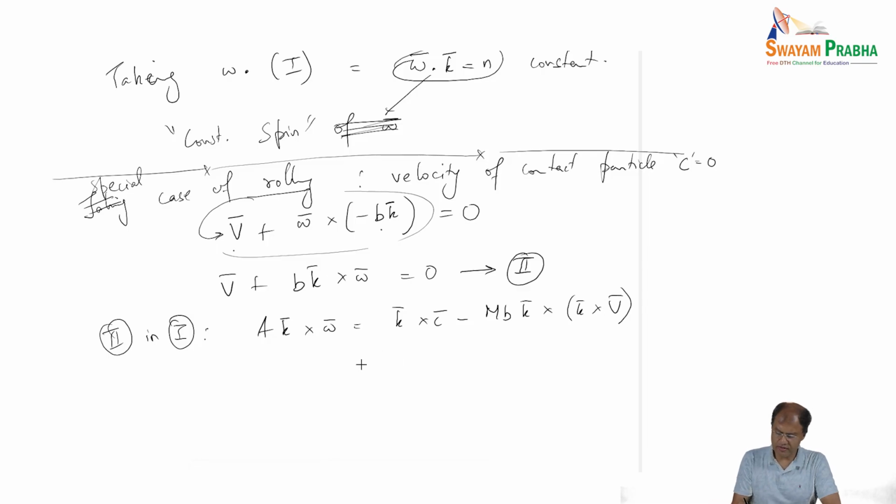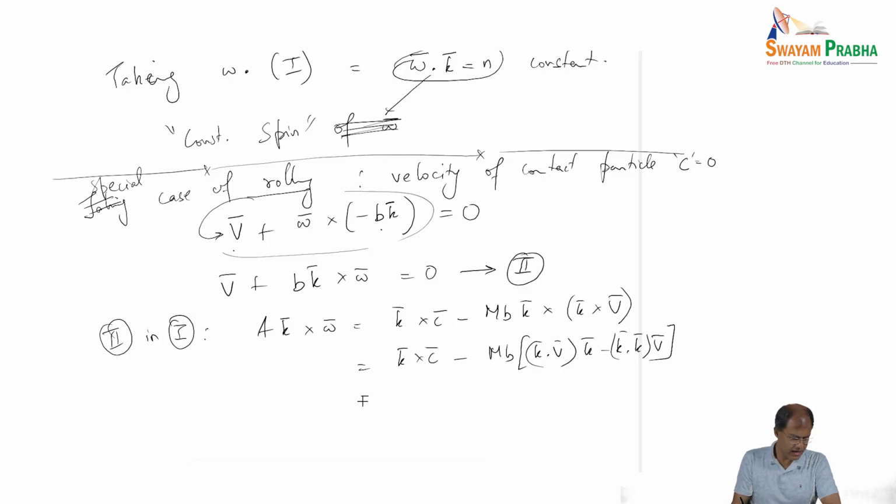And we have that this is also equal to K cross C minus MB K dot V times K, using the simple vector cross product, minus K dot K with V, right?